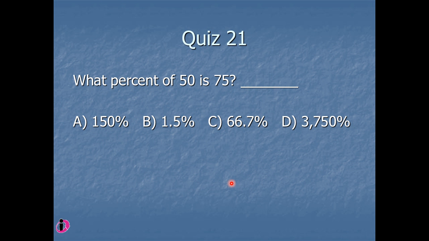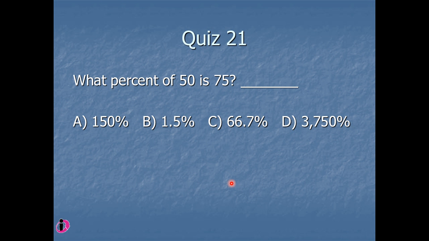That means 75 over 50. So the right answer would be 150%, right? Because if we do P over B, it will be 1.5, and then if we convert that 1.5 into a fraction, I'm saying into a percent, it will be 150%.